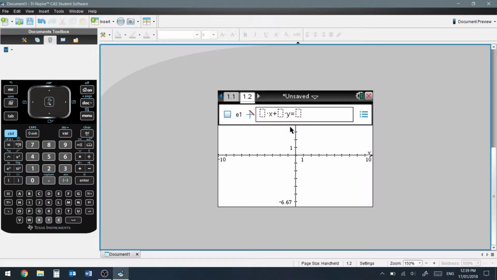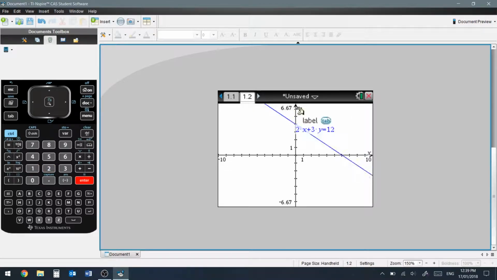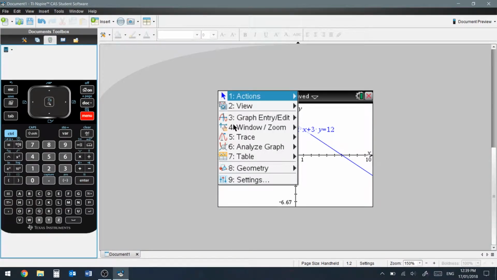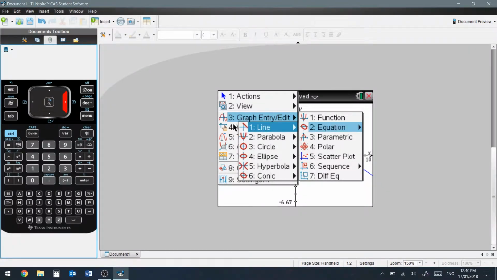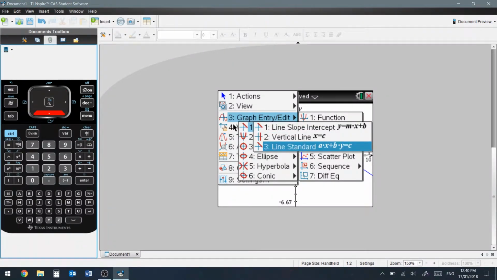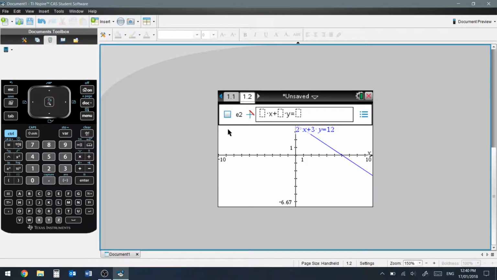So now we've got the linear equations in, so we can just fill in the boxes, and that equals 12. Enter, there it is. And we want another one, so let's put in another one: menu, graph entry / edit, equation line, standard. Here's our second equation, 3x, 2y, and equals 8.